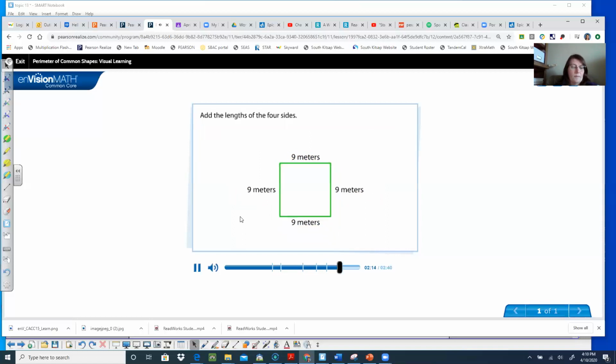Add the lengths of the 4 sides. Okay, you can either do repeated addition or you can simply do 9 times 4 because that is a more efficient way to do that one. The perimeter of this swimming pool is 36 meters.